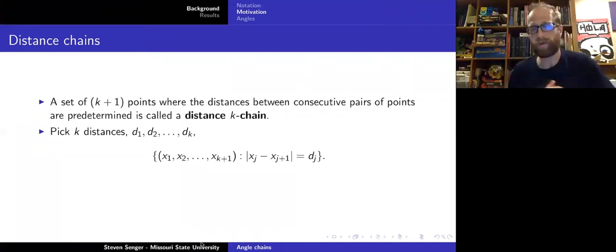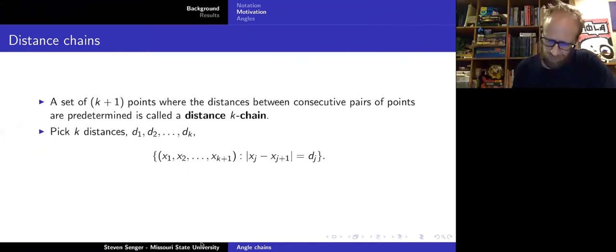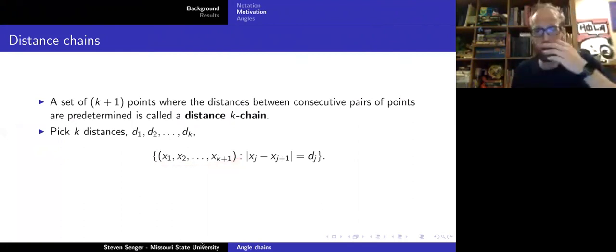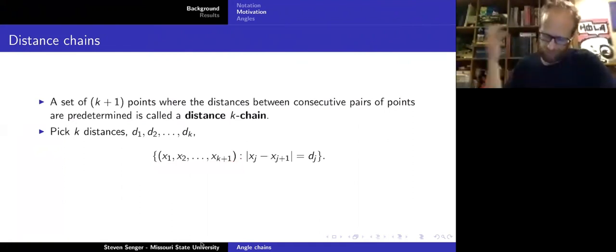Now I know this is not a talk about distances, but this is just the setup to get us into angles. So written out formally, I'm looking at a k tuple of points from some ambient space. I mean, typically I'm going to think about R2 or R3, but you can also study similar problems in other settings, like a vector space over a finite field with an appropriately defined notion of distance, etc.